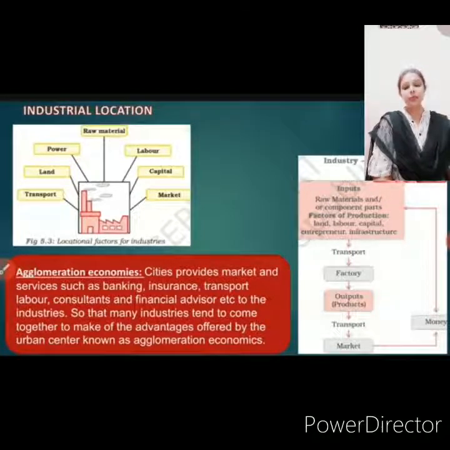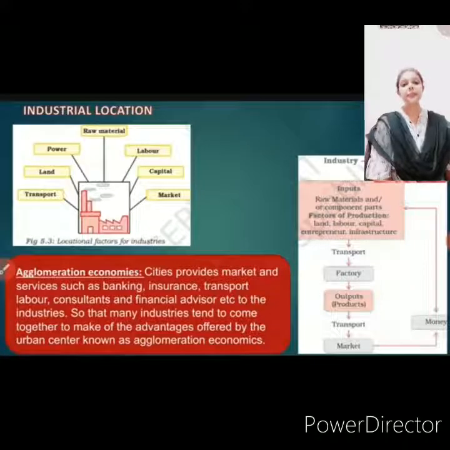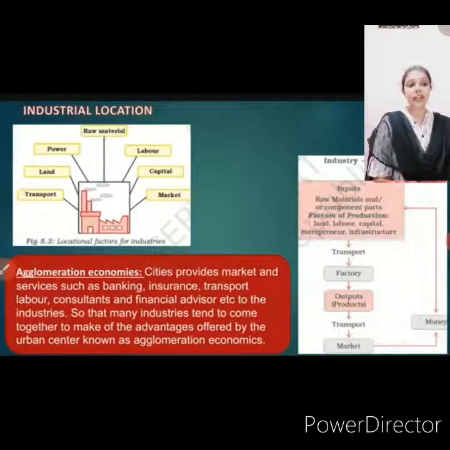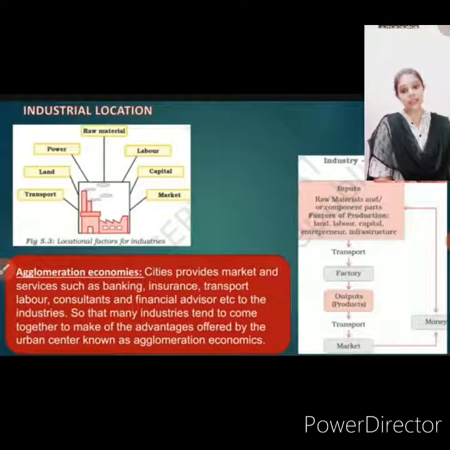In that area the cities provide markets and also provide services such as banks, financial advice, insurance, transport, labor, consultants, etc. to the industry. Many industries tend to come together to make use of the advantages offered by the urban centers, which is known as agglomeration economies.